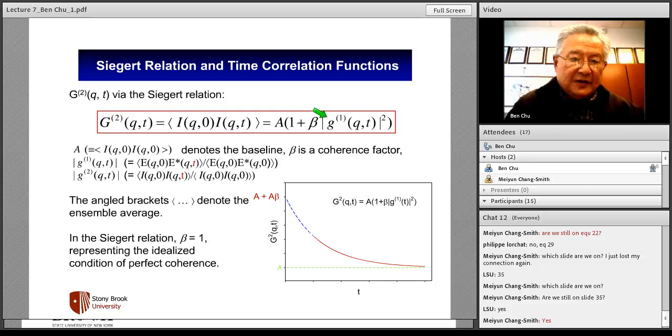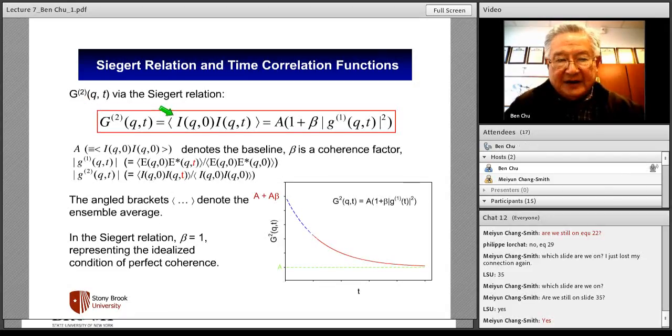Now, why do we go through all this trouble? Because what we can measure is g2(q,t), the intensity time correlation function. This we can do by using photodetectors and the laser.